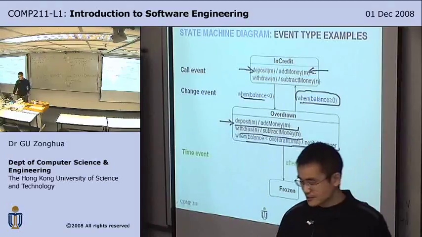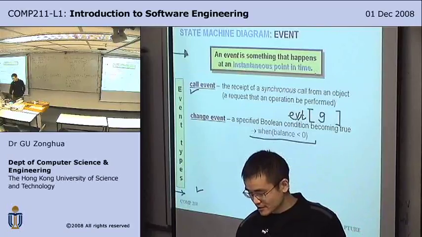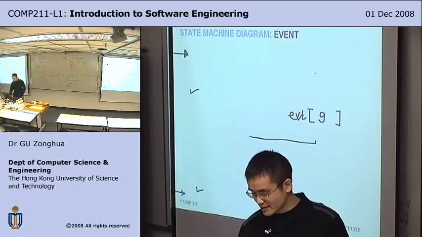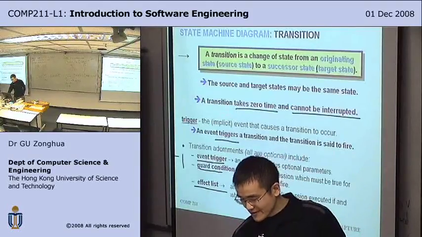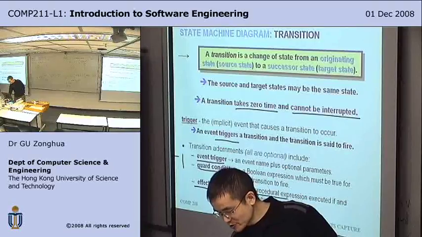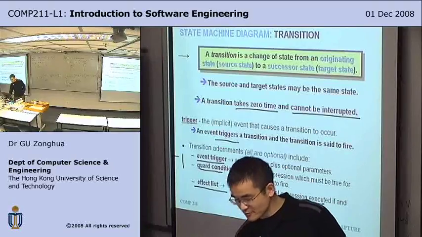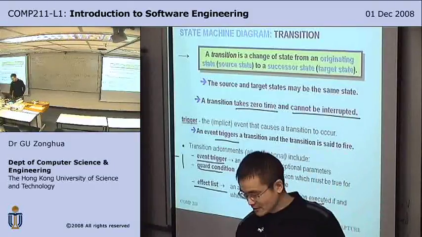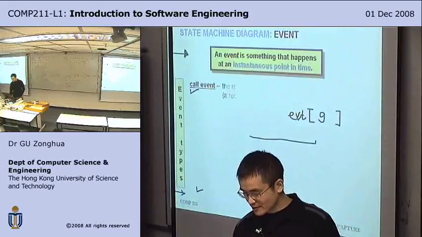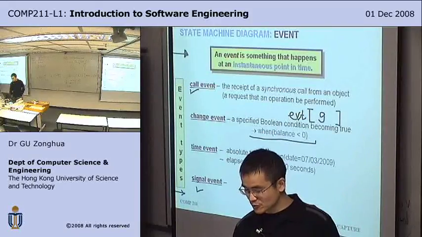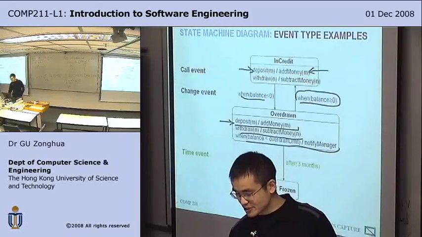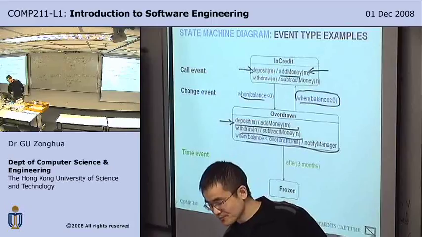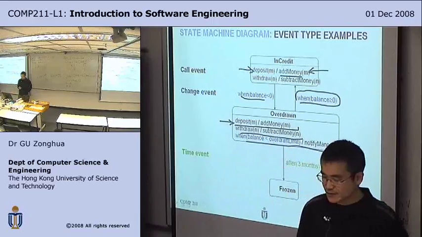So this is the so-called effect list, an atomic procedural expression executed if and when the transition fires. Of course, here it's a self-transition, so you don't go to another state, but you just invoke add money if the deposit event arrives.